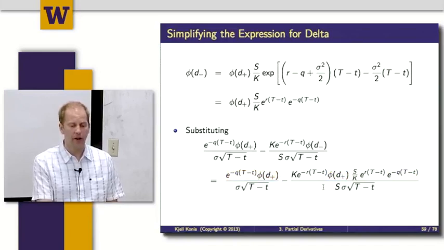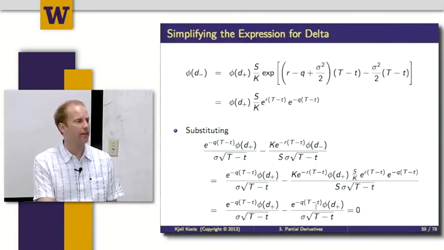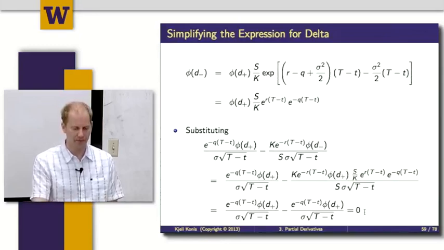And now in the denominator, remember I've canceled out this s here with this s here, so I have the same denominator as well. So when I do all of the canceling here, I've made the second term into the first term, and I'm subtracting them from one another, so I end up having 0.